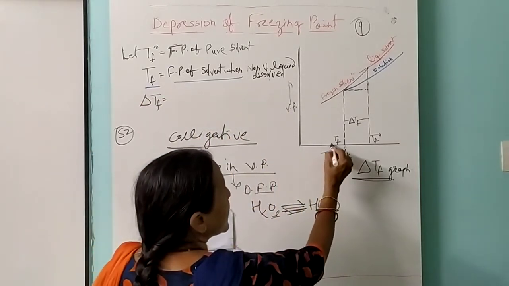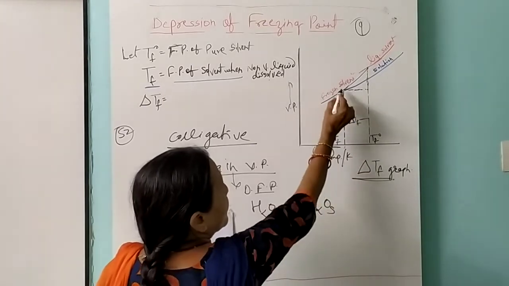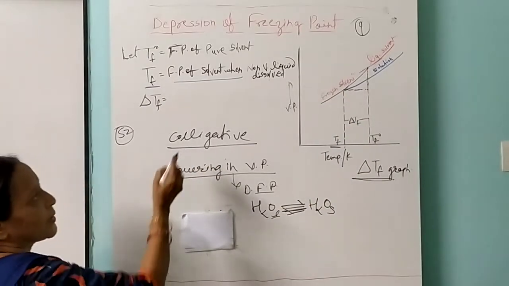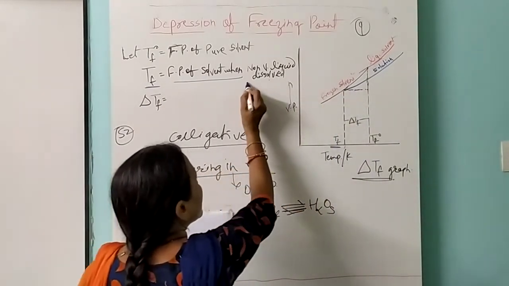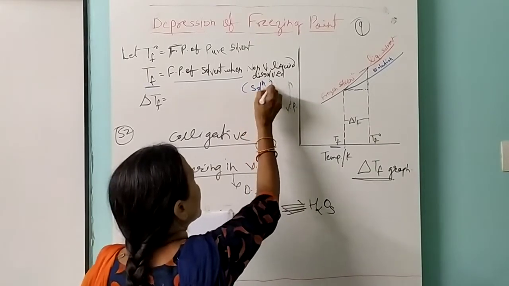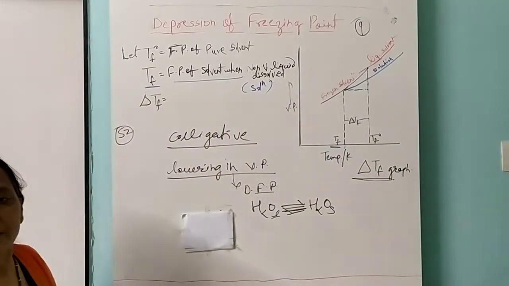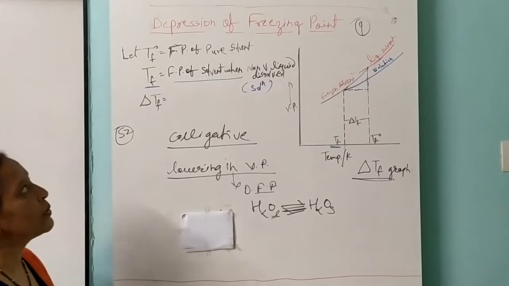We can also call it the solution, so TF is our freezing point of solution.